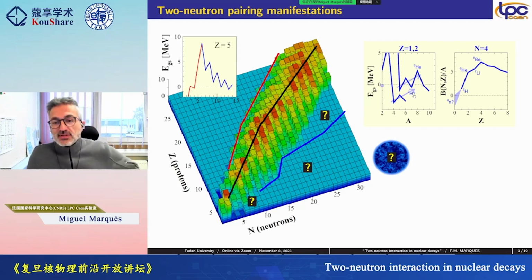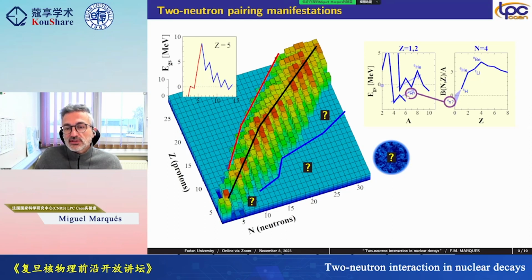For hydrogen-7, it's still not clear if we have also this increase, but here, on the right, you have the binding energy per nucleon of N equal 4 isotones from beryllium-8 to hydrogen-5, and you see that the next one would be the tetraneutron, and it could be close to 0.